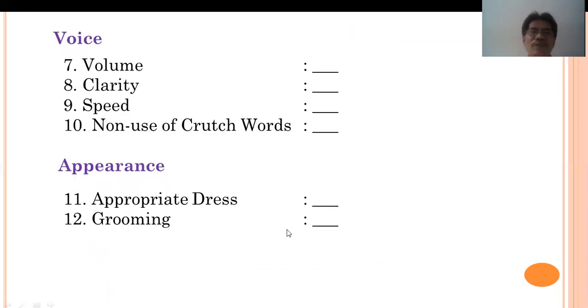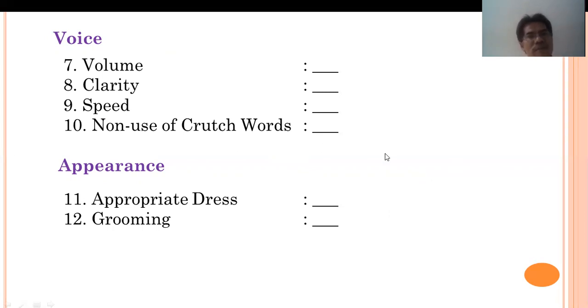What do you think of the speaker's voice? Do you think that the speaker's voice is clear enough so that everyone in the room can hear very well? And then the clarity: is the statement clear enough for the audience to hear?